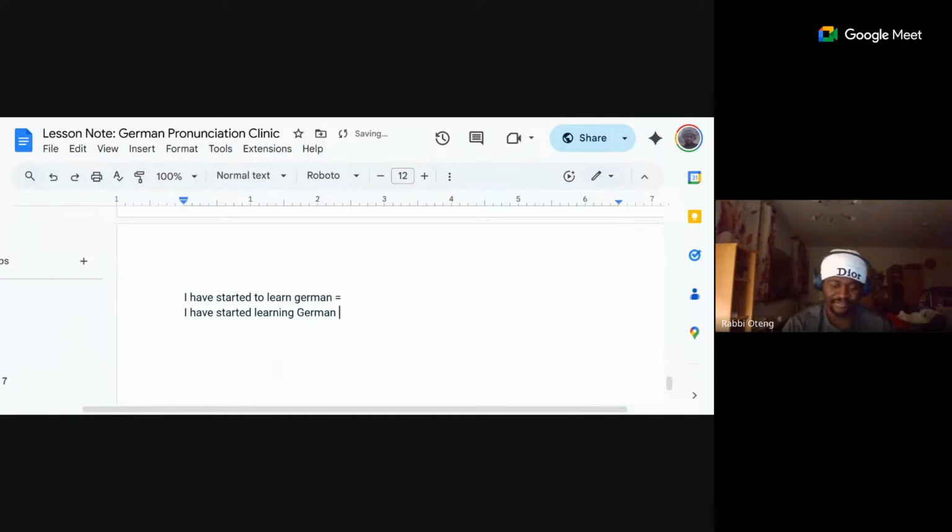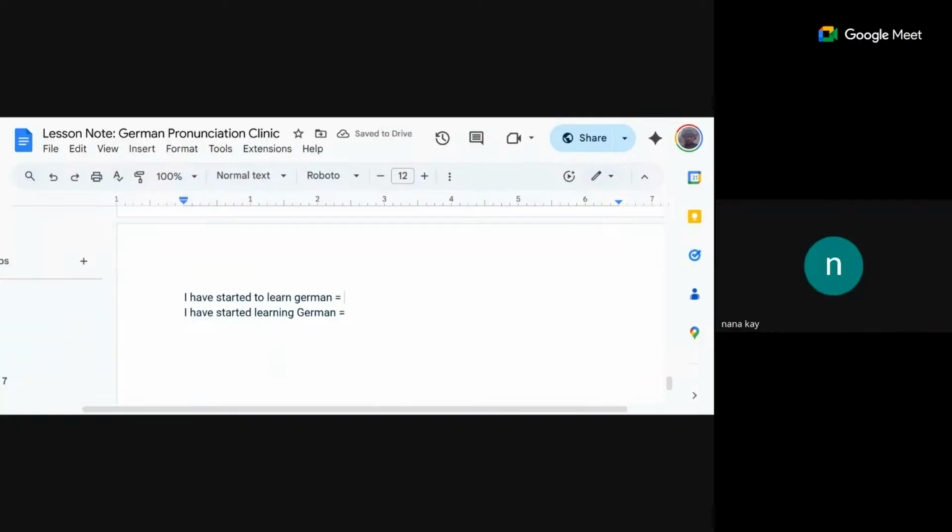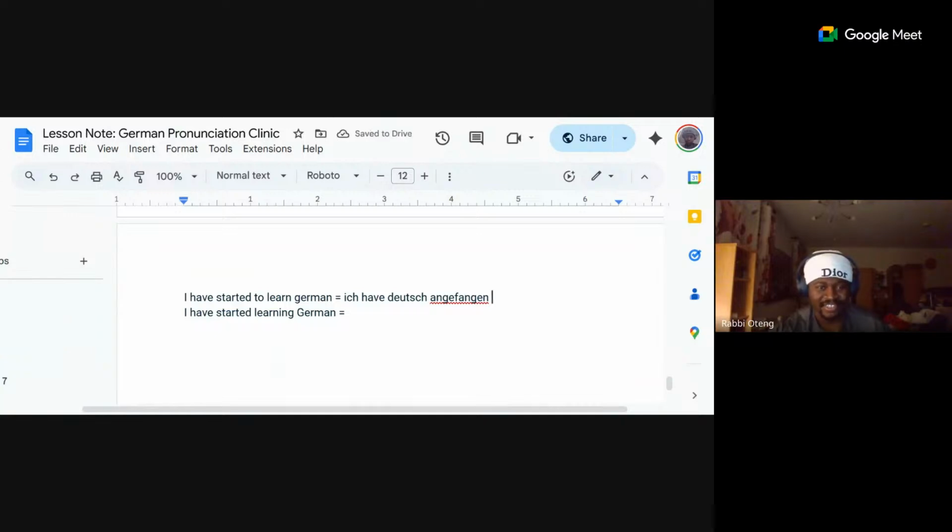Who would like to try? Ich habe Deutsch angefangen. Ja, ich habe Deutsch angefangen zu lernen, oder? Where does the Deutsch come? Like the object. When the object is after the second verb, that means the object belongs to the second verb.